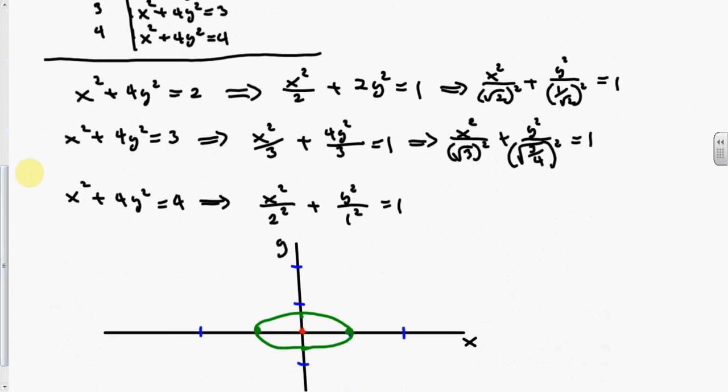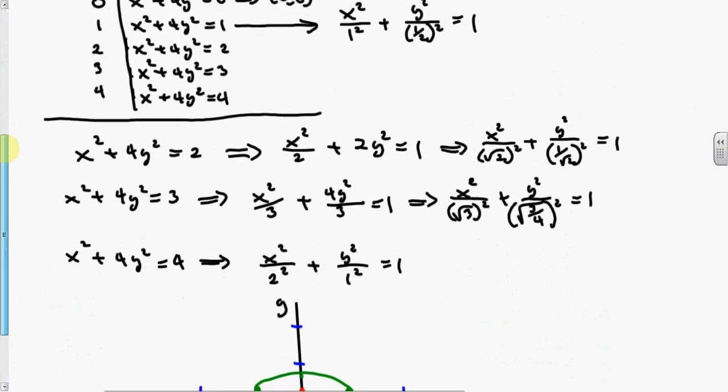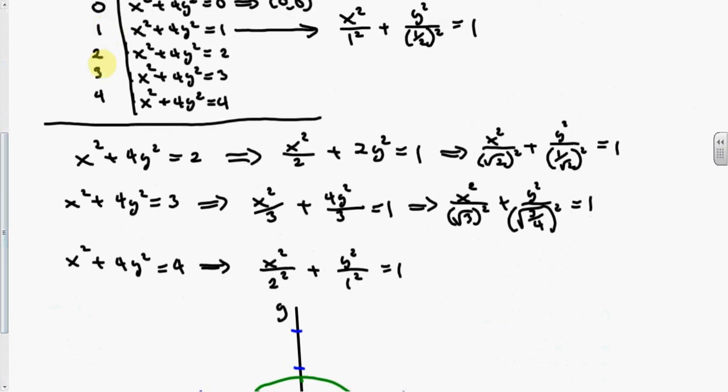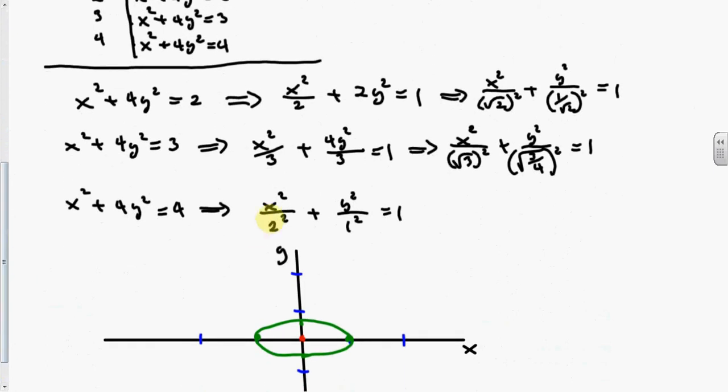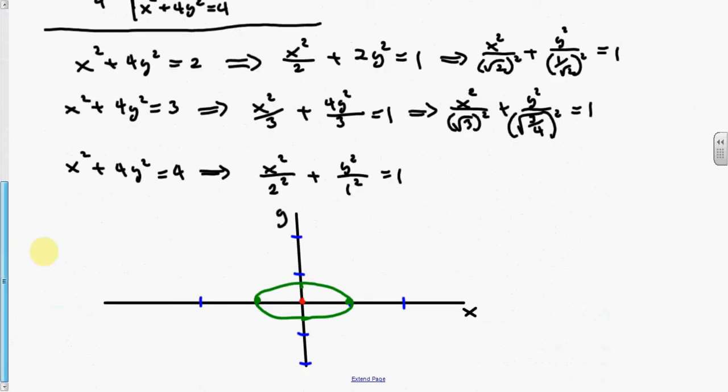And if you jump between this guy when c is equal to 1 to when c is equal to 4, I'm going to jump there because I can get those numbers. That's smooth. For c equal to 4, a is equal to plus or minus 2. x plus or minus 2. And then the y is plus or minus 1.